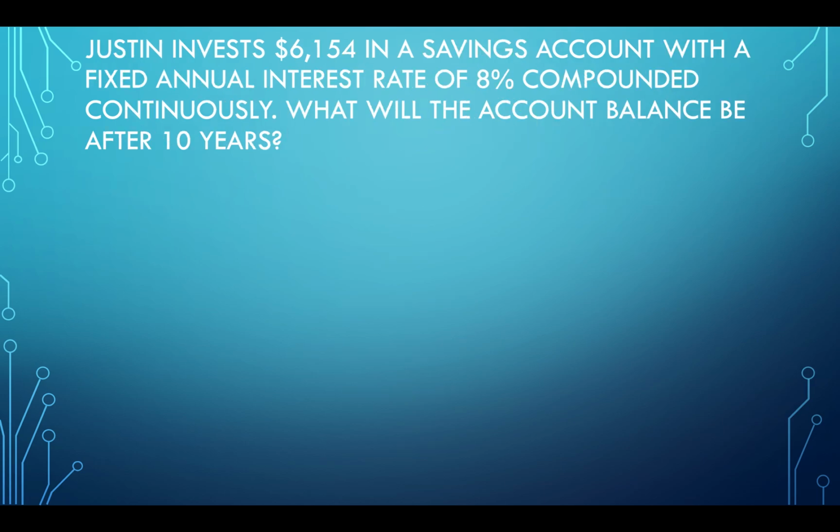Now let's try this one. Someone invests $6,154 in a savings account with an annual interest rate of 8% compounded continuously. What will the account balance be after 10 years? Same thing. Principal is 6,154. Our rate is 8% or 0.08, and our t is 10. Plug it into the PERT formula.